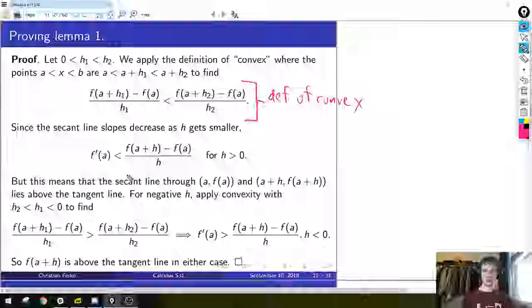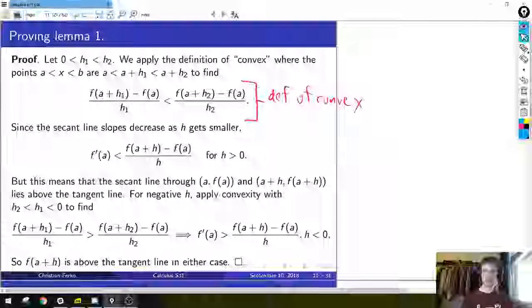So that's the first thing we needed to prove. This is related to the other thing that we needed to prove, because if this slope is smaller than the secant line slope, then that means the secant line lies above the tangent line. Why is that? Because if the tangent line slope is smaller than the secant line slope, I should go back to that other drawing.